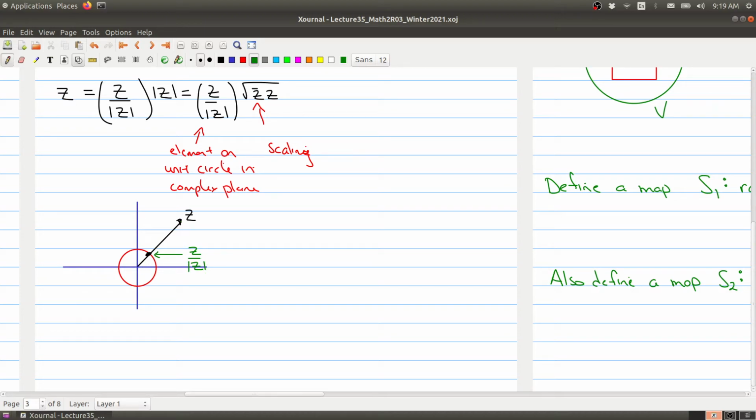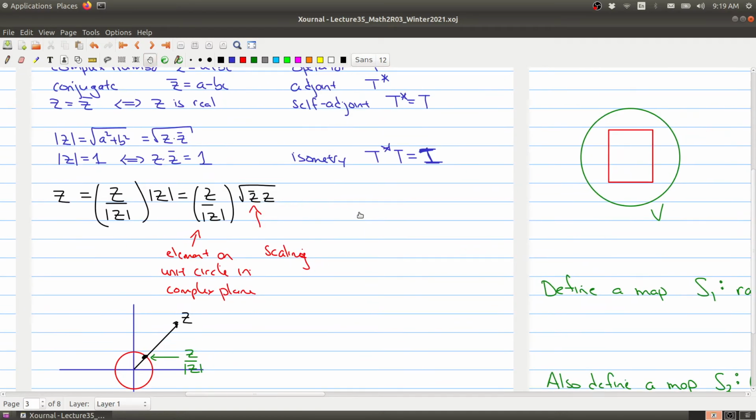And then what we're doing is scaling by the length of this vector. So that's what's going on in the complex number way. It's just another way of writing a complex number. We may have talked about this in Math 1B03, where you're scaling a vector and writing it in terms of cos and sines. But really, what you're doing there is picking a point on the unit circle and then scaling it. So that's why it might be called polar decomposition.